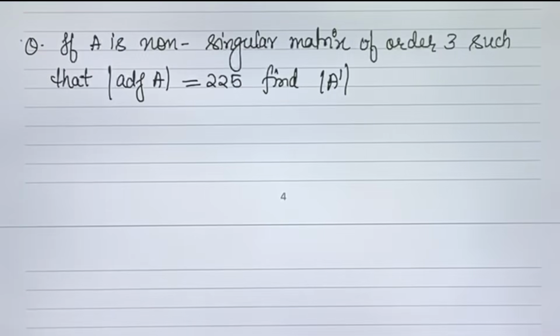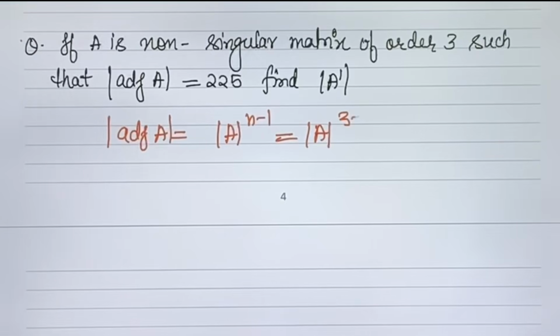If A is a non-singular matrix of order 3 such that det of adjoint of A is equal to 225, find det of A transpose. First of all, formula लिखेंगे. Det of adjoint of A is equal to det of A to the power n minus 1, which is det of A to the power 3 minus 1, that is det of A square.